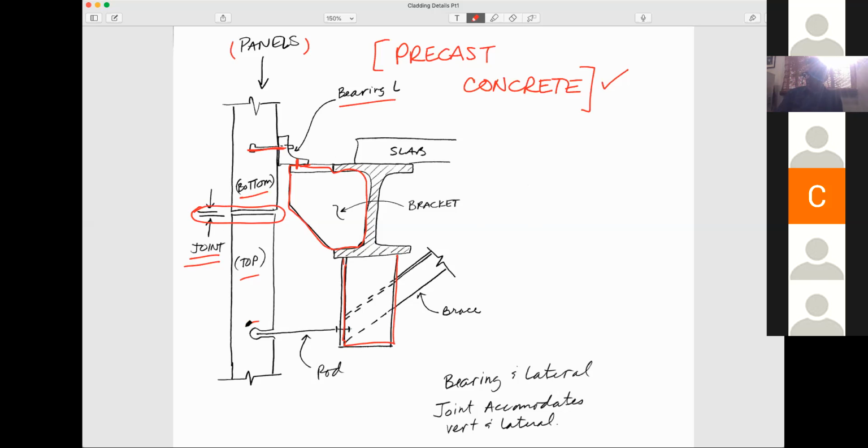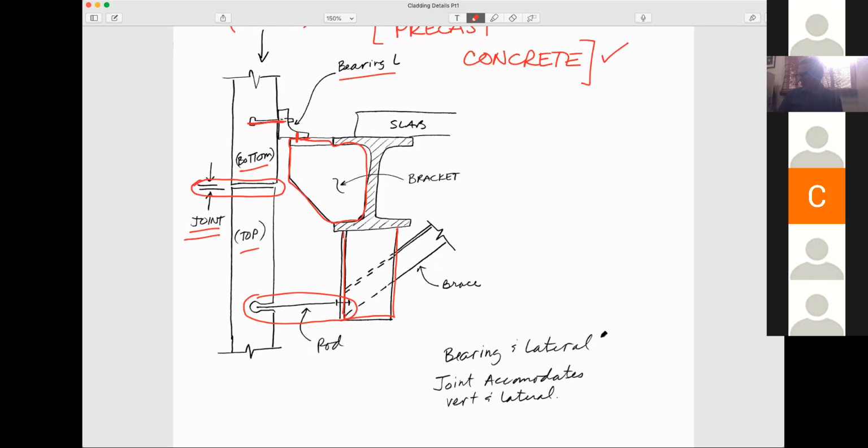And that's what would end up holding that rod. This is one way that this would end up connecting. So this would be both bearing and lateral connection points. Also, the joint accommodates both vertical and lateral movement.